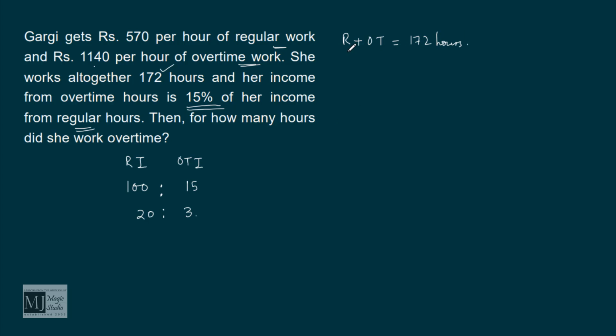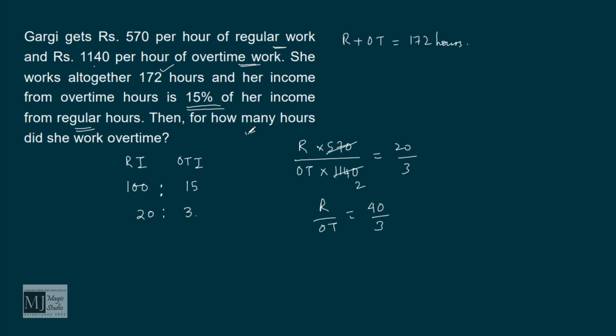Then income from regular hours should be R into 570, and income from OT should be OT hours into 1140. And this ratio should be equal to 20 by 3. Isn't it? This is 2. That means R by OT is 40 by 3.